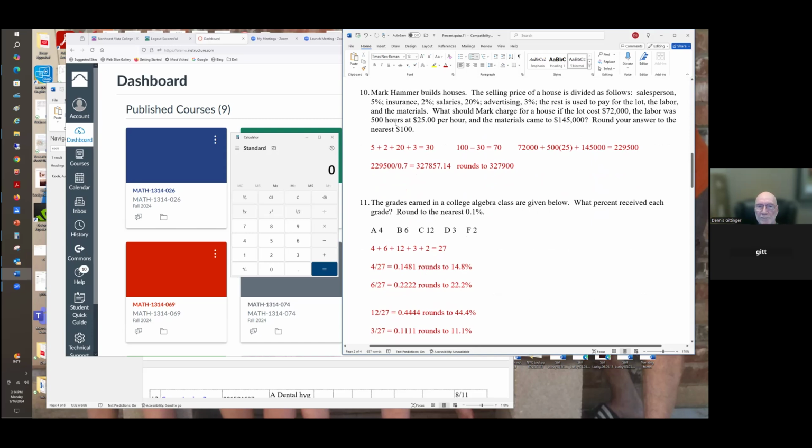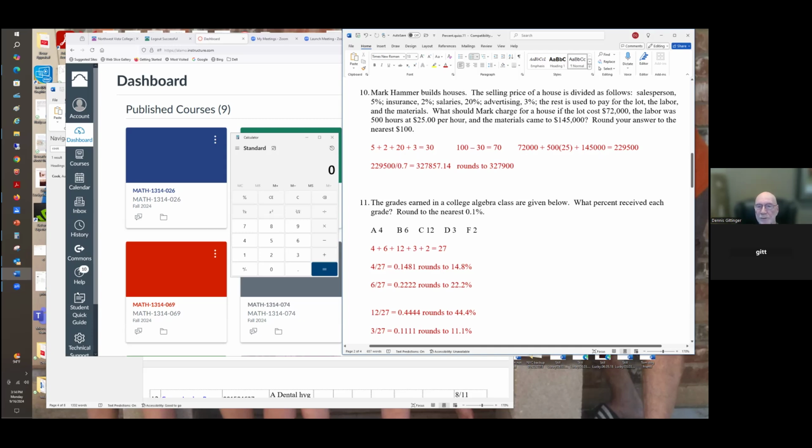The labor was 500 hours at 25 bucks an hour, and the materials were $145,000. So you do 72,000, 500 times 25. I like to personally multiply 500 times 25 first, in case my calculator doesn't do order of operations, and then add 72,000 and add 145,000. And that will get me 229,500. However, that's not the answer either.